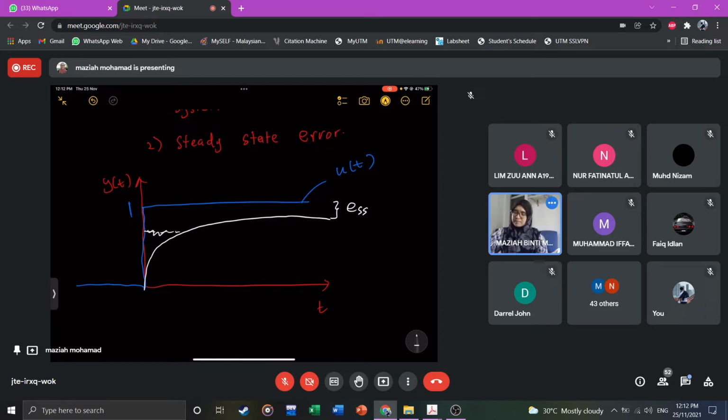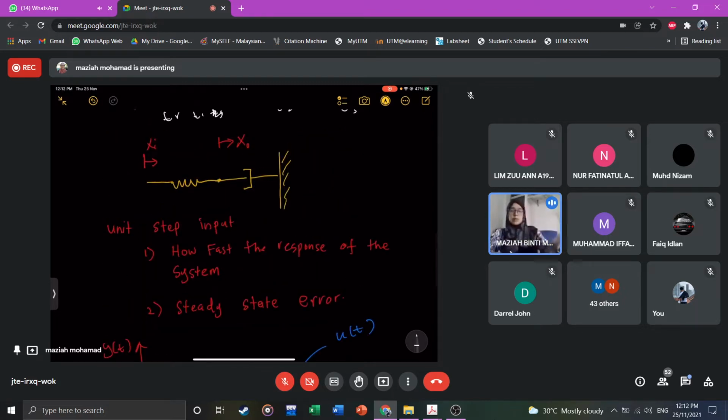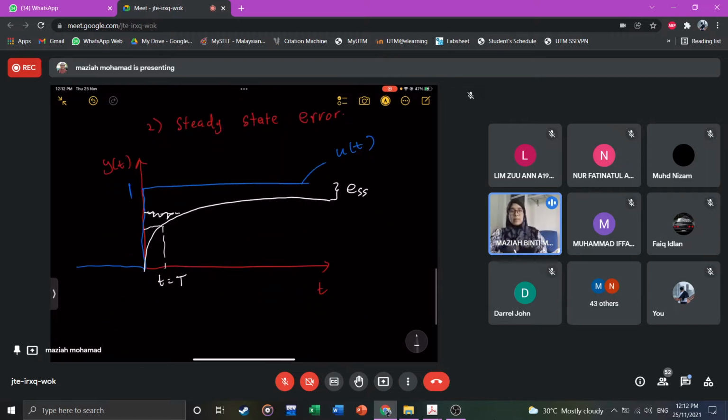As in the example, we can see there is some steady state error, and maybe here is the time constant. So this is a system where you already designed, you already chose the spring, you already bought the damper, and then you put them together, you apply the input, and suddenly the behavior of the system is not what you want.